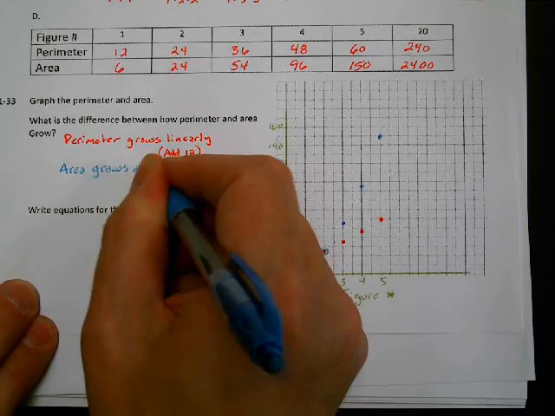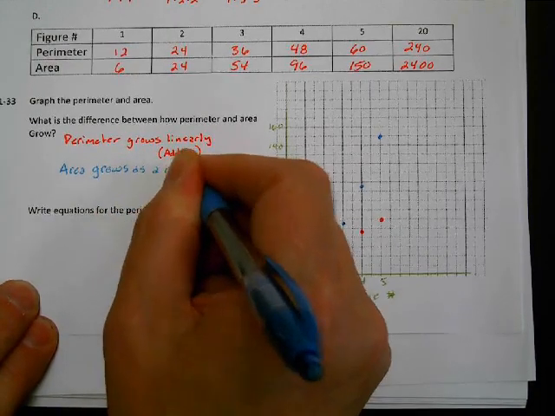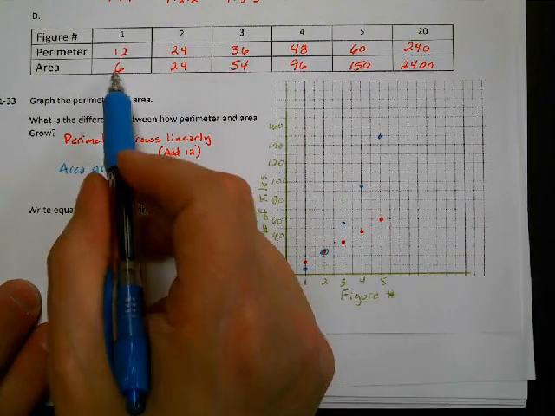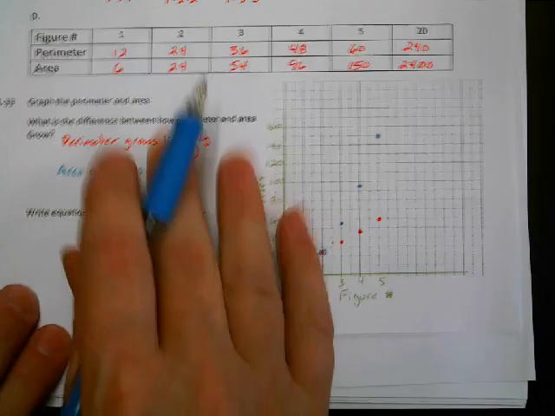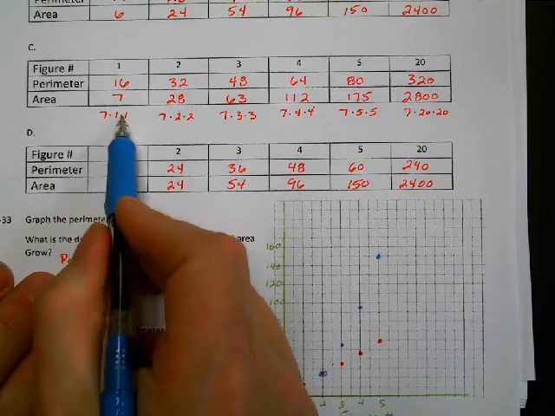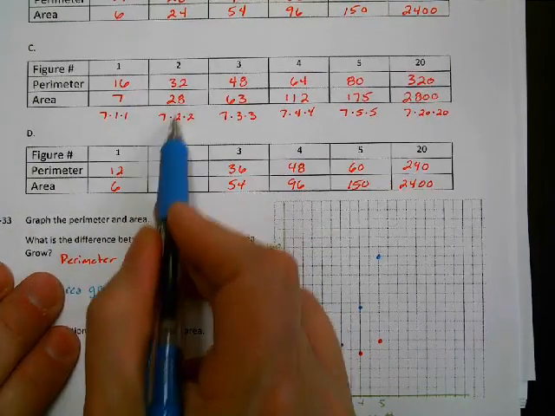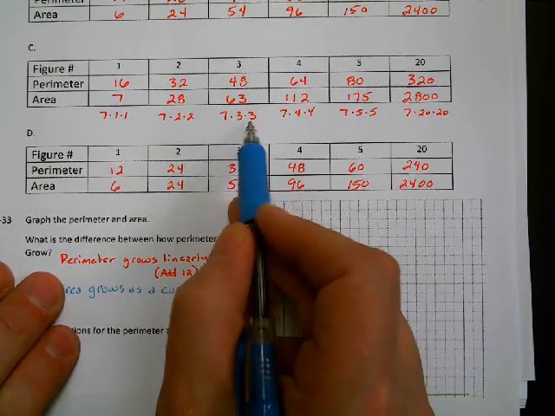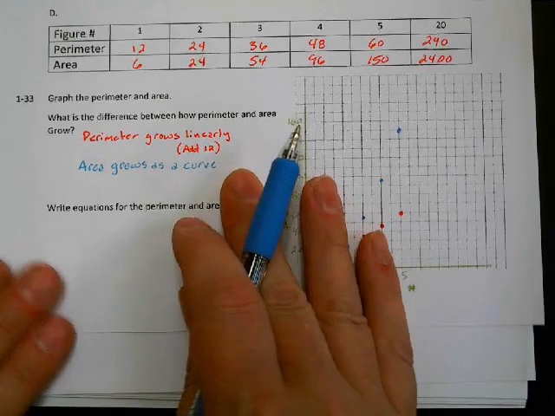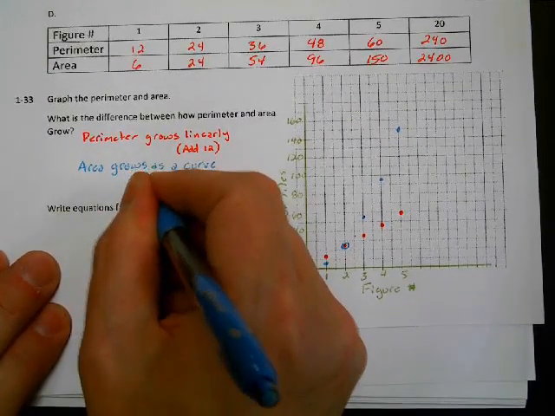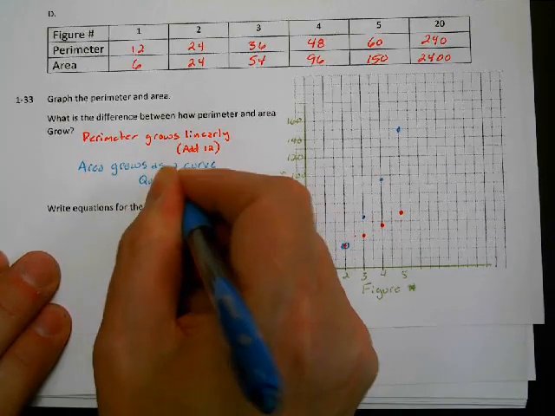And since this curve is based off of us squaring, so remember we're doing 6 times 1 times 1, so we're squaring the figure number. 6 times 2 times 2, we're squaring the figure number. 6 times 3 times 3, we were squaring the figure number. So since we're squaring the figure number, we call that quadratic. Because we square the figure number.